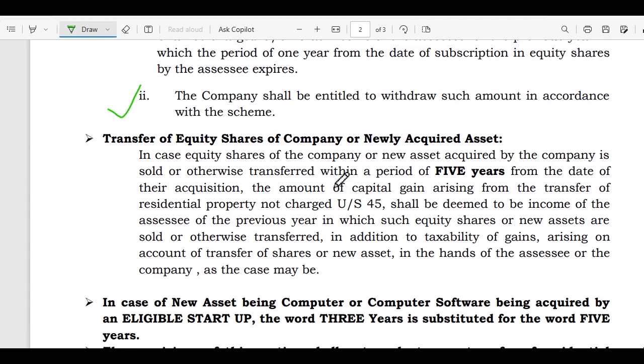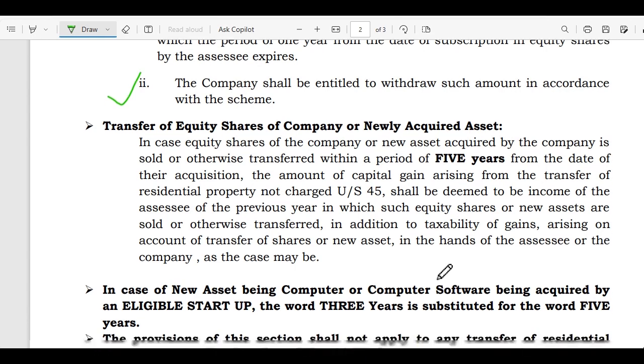In case equity shares of the company or new assets acquired by the company are sold or otherwise transferred within a period of 5 years from the date of their acquisition, the amount of capital gain arising from the transfer of residential property not charged under section 45 shall be deemed to be income of the assessee of the previous year in which such equity shares or new assets are sold or otherwise transferred, in addition to taxability of the gains arising on account of transfer of shares or new assets in the hands of the assessee or the company, as the case may be.